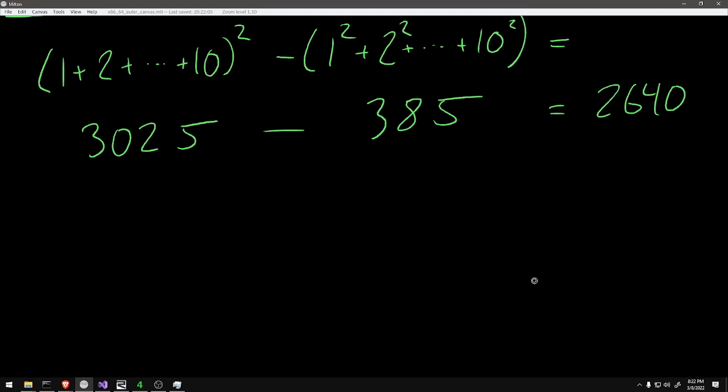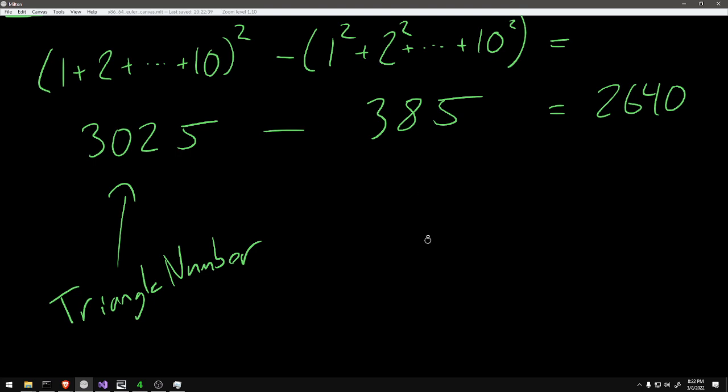So what I want to do is notice a few things here. This side is the triangle number squared. If you recall all the way back in problem number 1, the triangle number is that number you get when you do 1 plus 2 plus and so on up to some n.